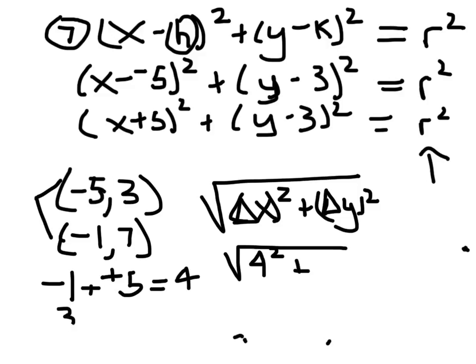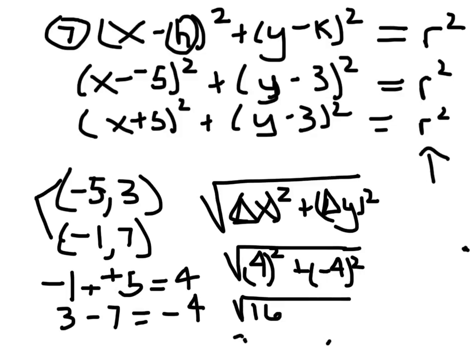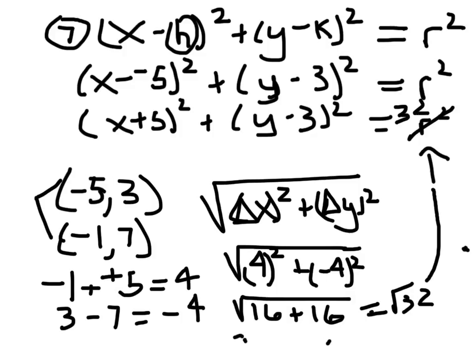And the change in y would be 3 minus 7, which is negative 4. I need to square that when I put it into the formula. So 4 squared is 16. Negative 4 squared is negative 4 times negative 4, which is 16. So this becomes the square root of 32. That's the radius, but to put it in the formula, I need to square it. So when I square the square root of 32, it just becomes 32.